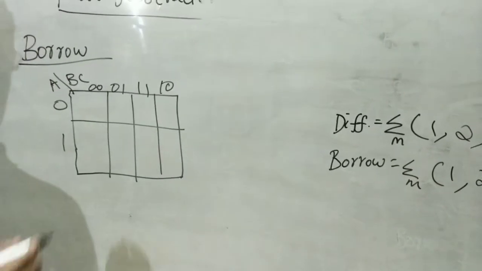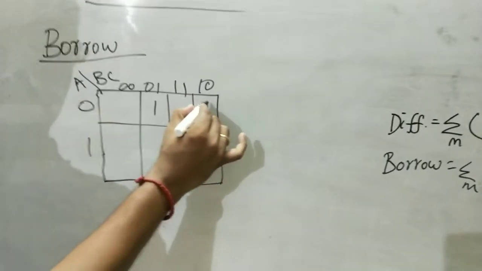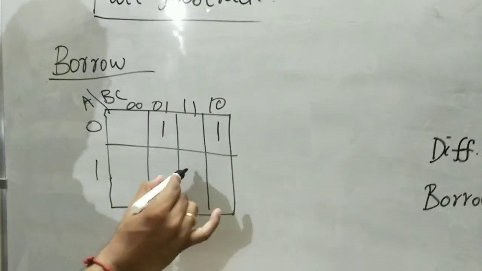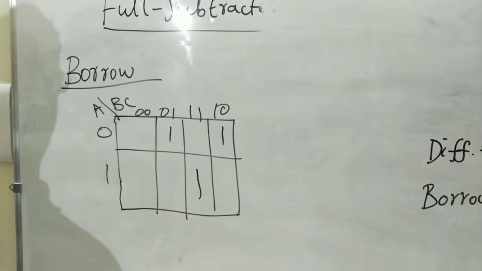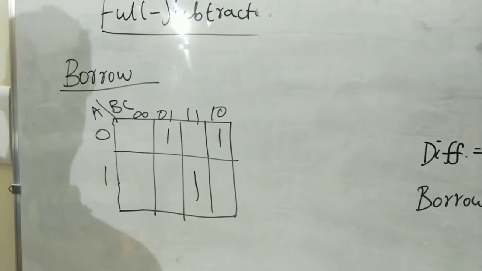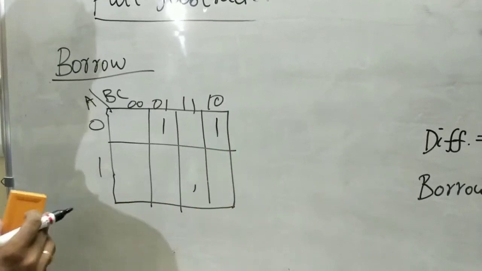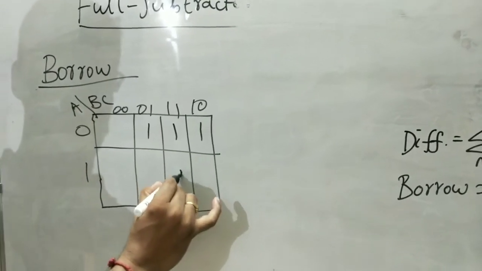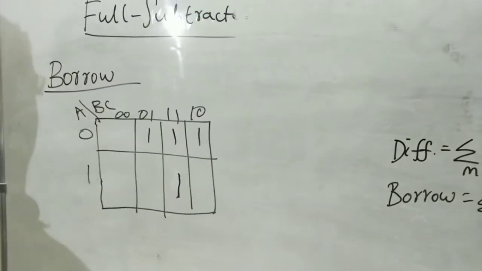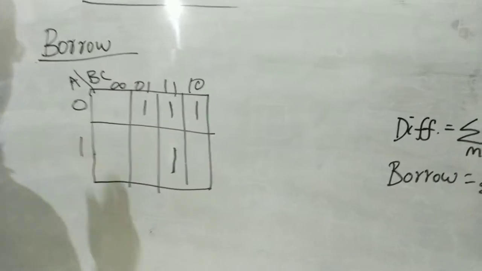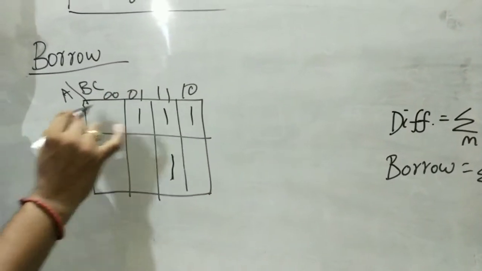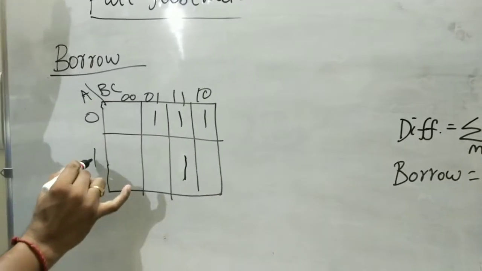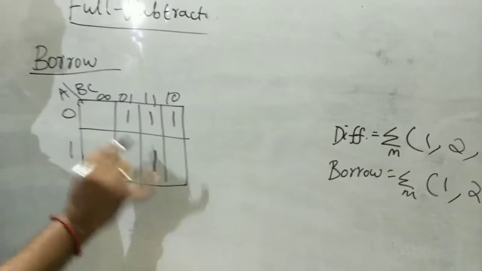For borrow it is 1, 2, and then 3, sorry it is not 3, and then 7, yeah 7. Okay, is it clear? 001 is 1, 010 is 2, 011 is 3 and then 111 is 7.